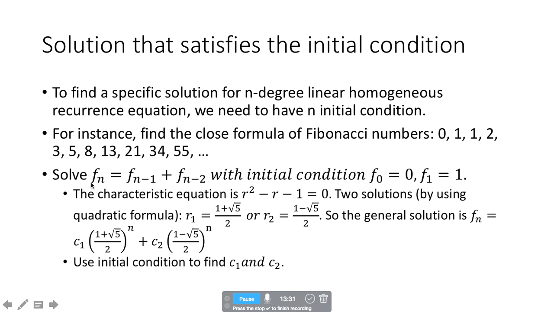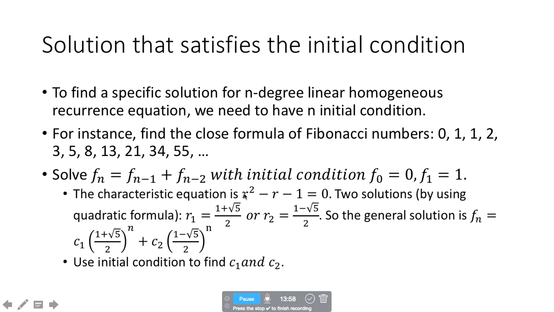Now, in order to solve this one, we first solve the corresponding characteristic equation, which is r squared minus r minus 1 equals 0. This has two solutions by the quadratic formula: negative b plus or minus the square root of b squared minus 4ac, over 2a, where a, b, c are the coefficients of this quadratic equation.